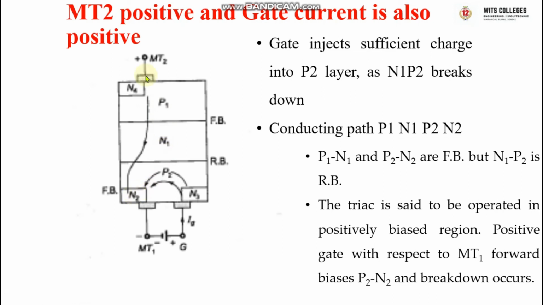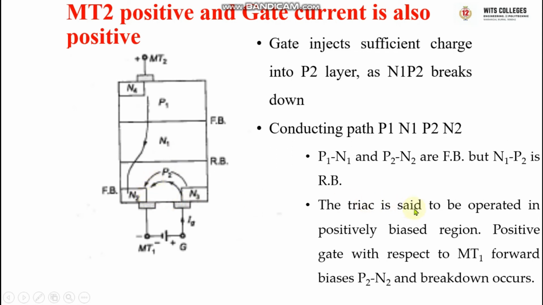Initially MT2 is positive, MT1 is negative, gate current is positive. During this condition P1 N1 is forward biased, P2 N2 is also forward biased, N1 P2 is reverse biased. When the gate current injects charges into the P2 layer, a breakdown occurs across N1 and P2. P2 N2 breakdown occurs.